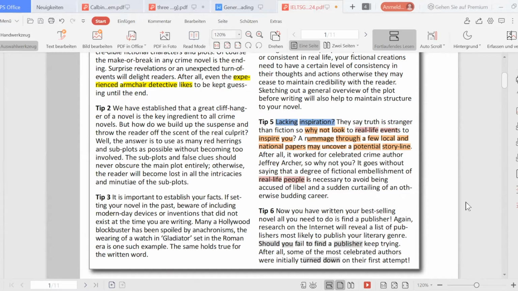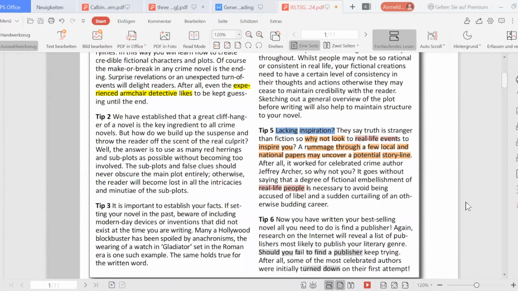Besides, it's not even mentioning your own life experience. Okay, so that's one thing. You've got two reasons why this statement is false. First of all, it's only in cases when you lack inspiration that you can turn to real life events, and real life events can include your own personal life, but it's not directly stated. Okay, so it's actually false. It contradicts the information that you have in the text.